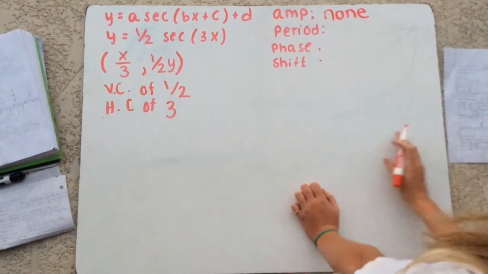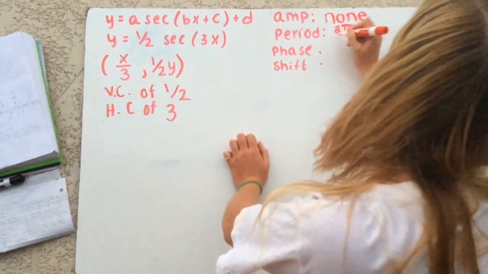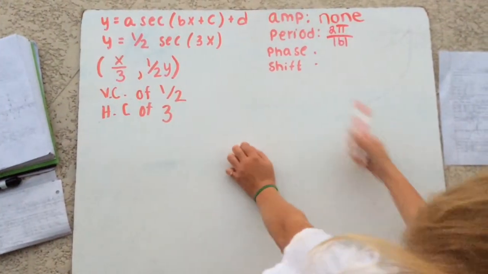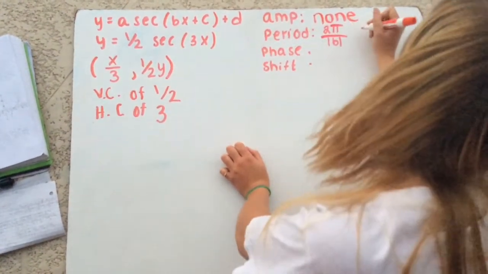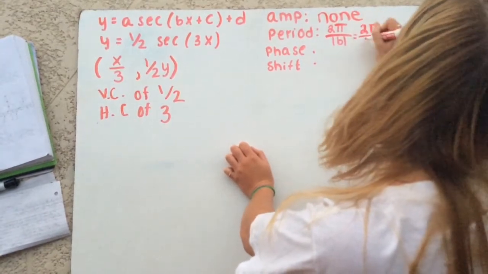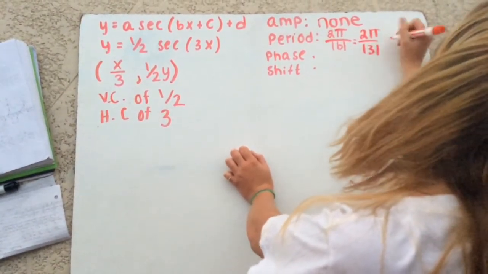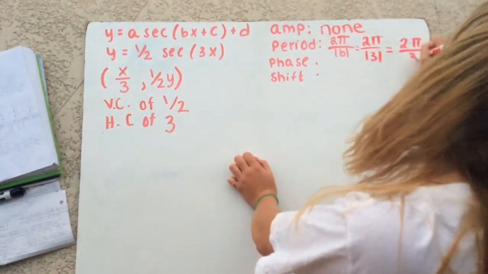The period can be found by using 2 pi over the absolute value of b. As we refer to this, our b is 3. So 2 pi over the absolute value of 3, 2 pi over 3.